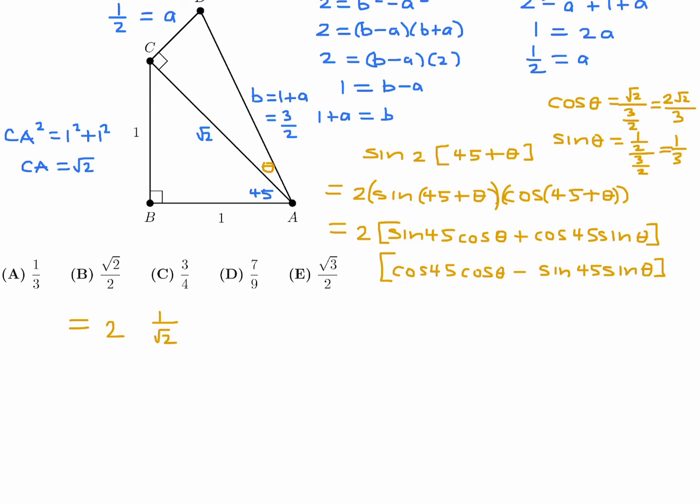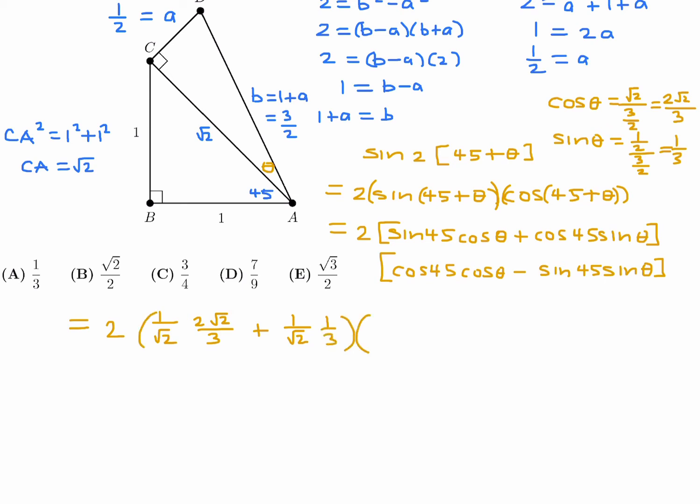So here we go. So we have a cos theta, which is 2 root 2 over 3, then cos of 45, 1 over root 2, and then the sine of theta, which is 1/3.